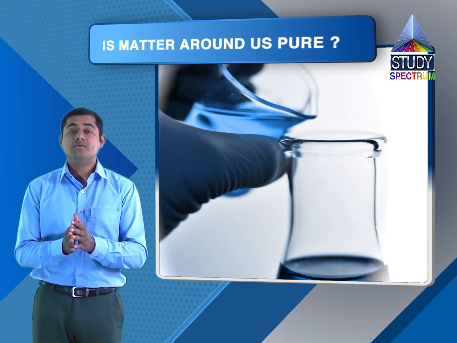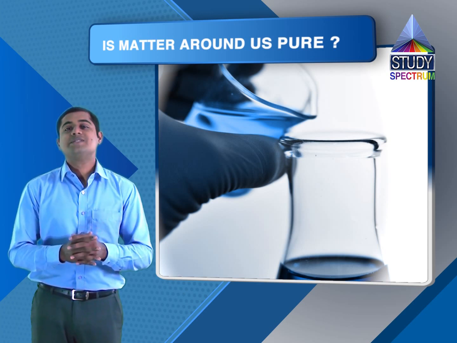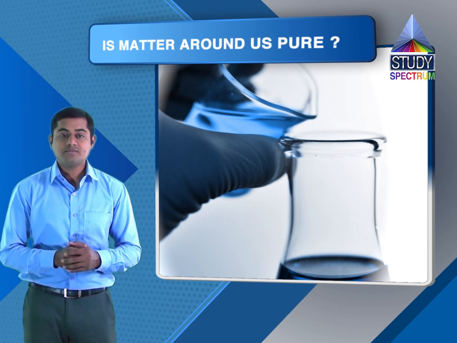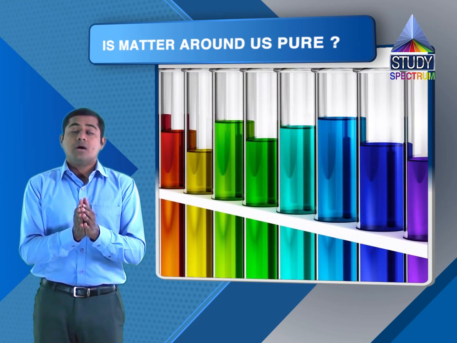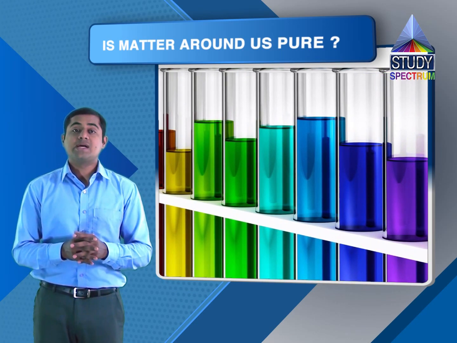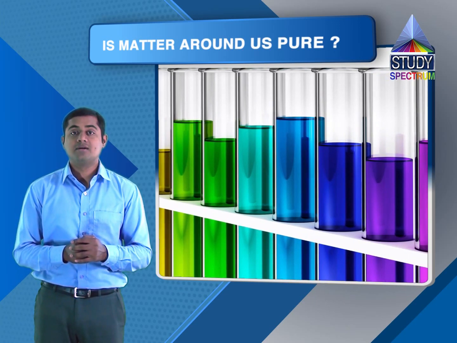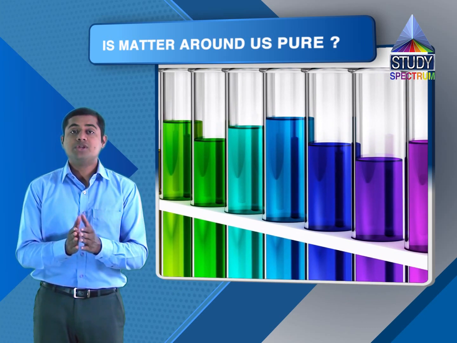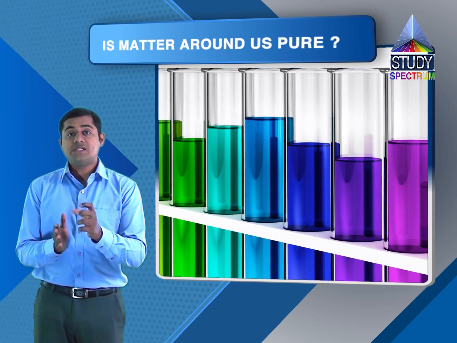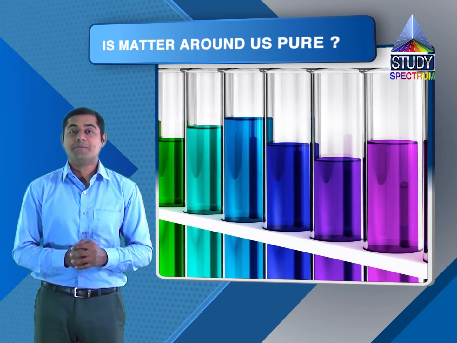In any solution which has a volatile constituent, we utilize this kind of separation process for separating its colored constituents. When a volatile solute has been dissolved in a non-volatile solvent, every such solution can be separated into its constituents, and the volatile solute can be separated out by this experiment.